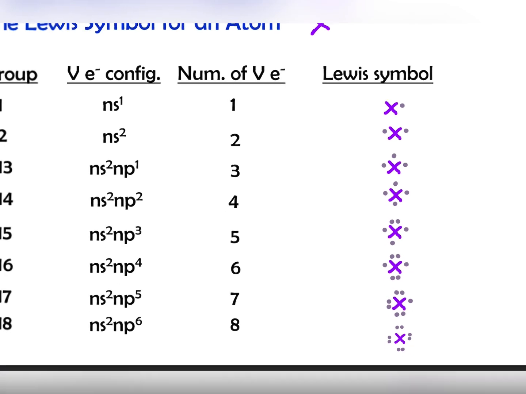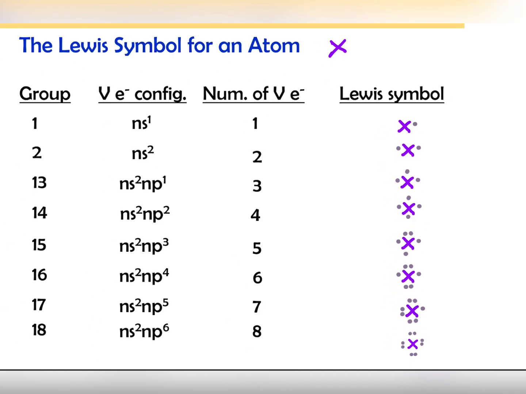Okay, so sama jugalah if you have 6 valence electrons, ada 6 dot. And kalau ada 8 valence electrons, you have 8 dots around the atom. Okay, remember hanya tunjukkan valence electron sahaja.